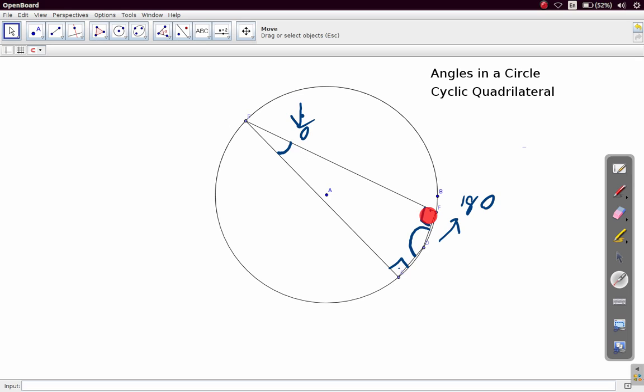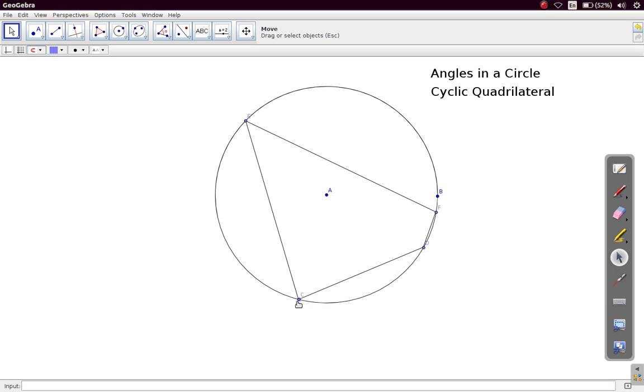This angle would head towards 90 and this angle would head towards 90, and they are opposite angles. 90 plus 90 is 180. Alright, seems fair enough. So the angles in a cyclic quadrilateral, where those angles are opposite angles, they actually add up to 180. Let me make a little adjustment here.